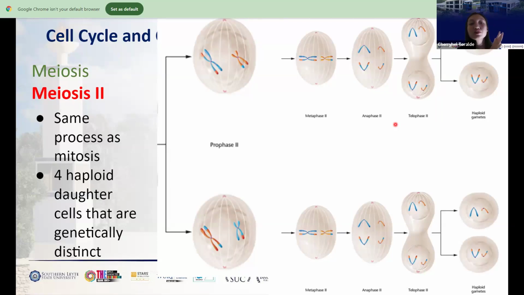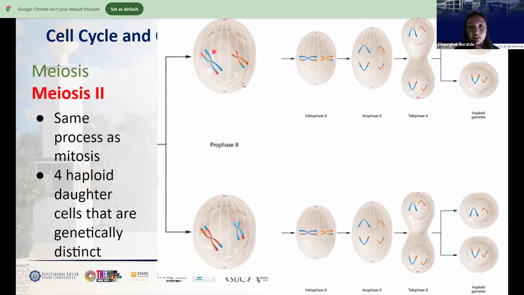And then, in meiosis 2, this is just the same as mitosis. Prophase 2, metaphase 2, anaphase 2, telophase 2. Then, same lang katong nahitabo sa mitosis. Pero ang difference lang nila is that dili sila mga genetically identical. Okay.